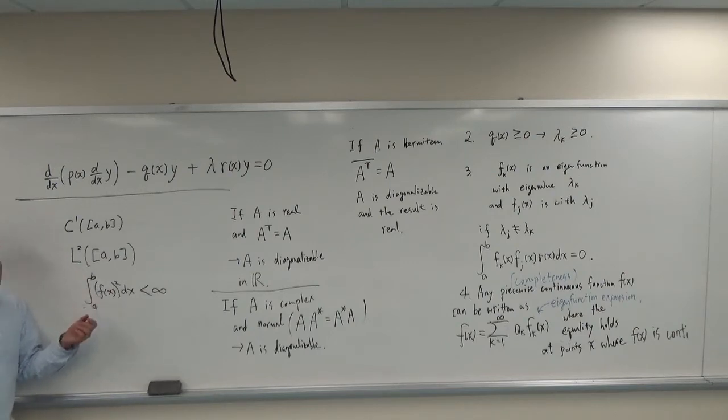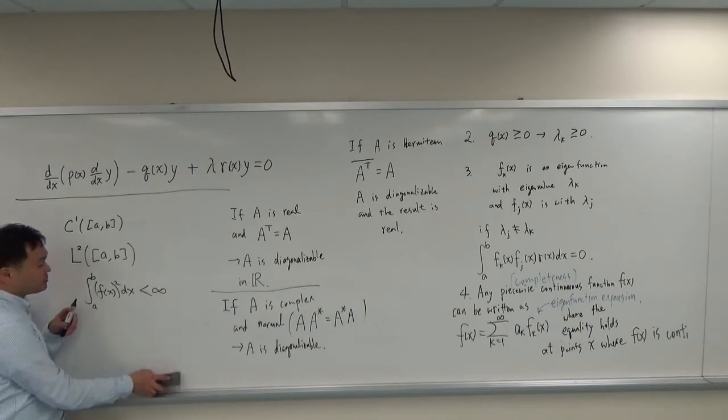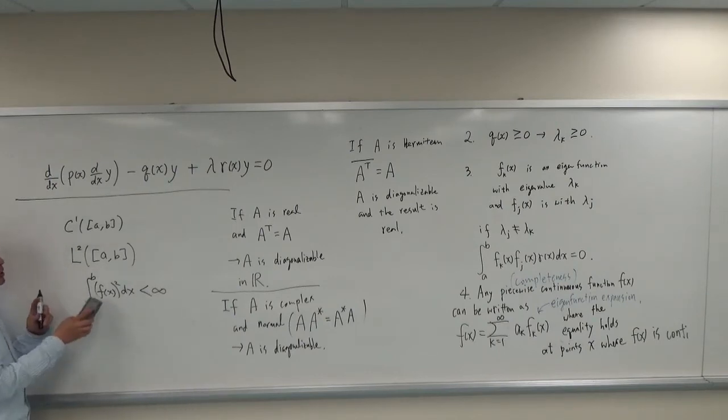What's slightly less trivial is when you have f(x) plus g(x) and you square it, is it still finite? And the answer to that is the Cauchy-Schwarz inequality for integrals. Okay, you might have seen it in a linear algebra course, so that's still true.